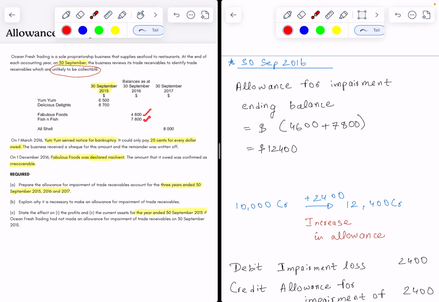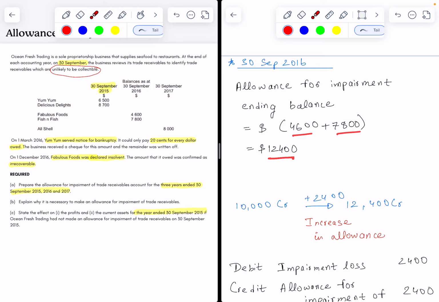And we know that there's this uncertainty that these customers may not be able to pay us. All right? So altogether, the total amount that Fabulous Foods and Fish and Fish owed is $4,600 plus $7,800, which is $12,400.